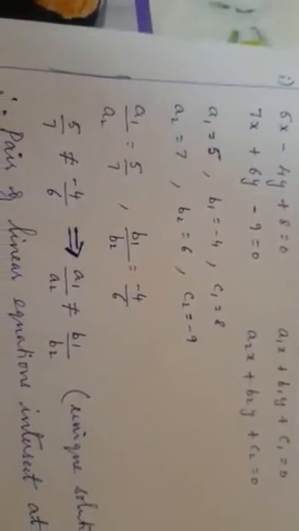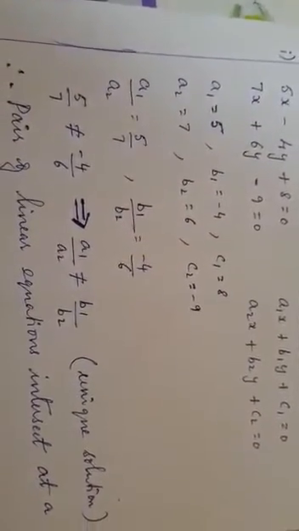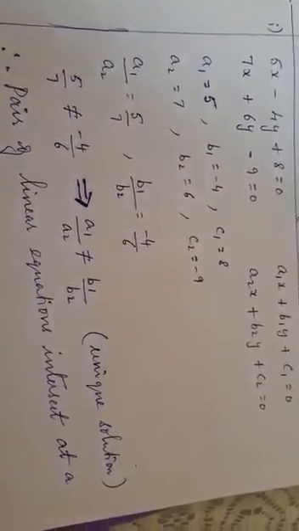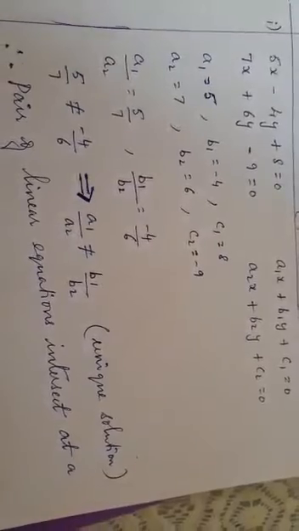The second question is on comparing the ratios a1 by a2, b1 by b2 and c1 by c2. Find out whether the lines representing the following pairs of linear equations intersect at a point, are parallel or coincident. Question number 1. 5x minus 4y plus 8 is equal to 0. 7x plus 6y minus 9 is equal to 0.